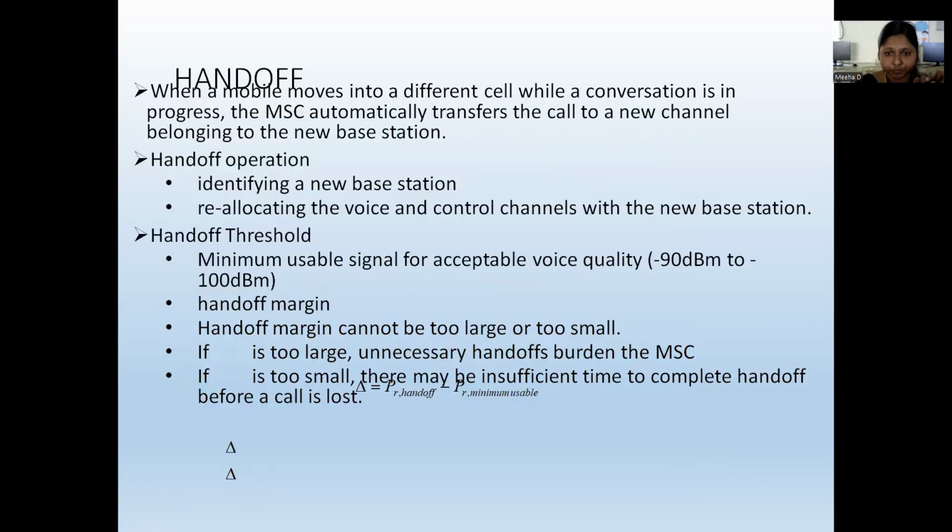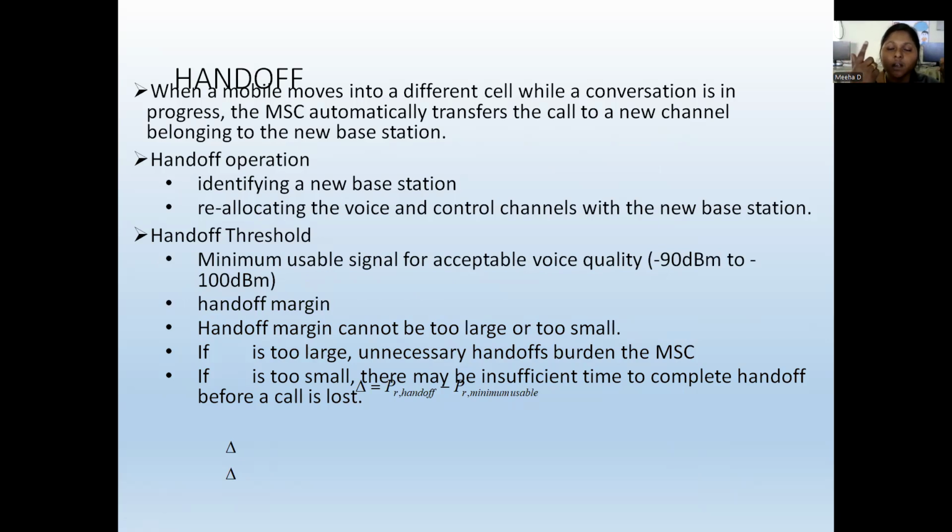What is handoff? Say a person is traveling from one area to another area. So he comes under one BTS, right? Now he is traveling from one BTS to another BTS. When he is in the situation of leaving one BTS, there will be some signal issues. These signal issues will be monitored by our MSC.